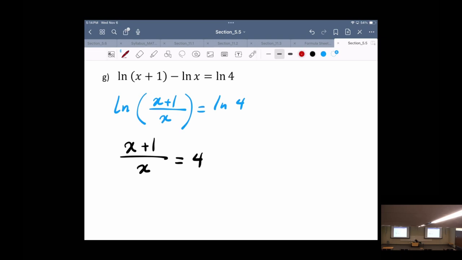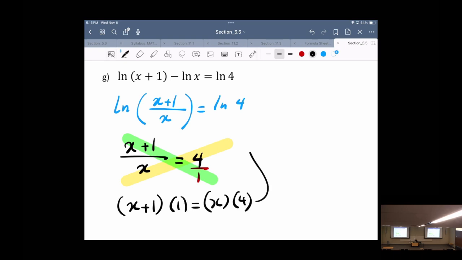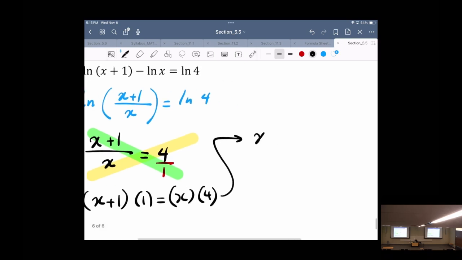And then you can do the basic algebra for this. You know the denominator here is 1. You can cross multiply, right? You get x plus 1 times 1 equals x times 4. And what do we get? We get x plus 1 equals 4x. Move this x to the other side.